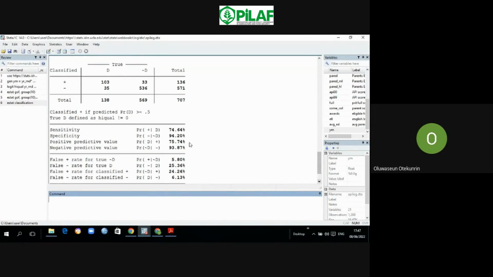So which cell depicts those that have been truly or correctly classified? The cell that depicts the ones that are correctly classified is cell A. That is why it's called true positive. So you get that particular proportion by saying cell A over the number of observations, A plus B, times 100. And that will give us that 75.74.